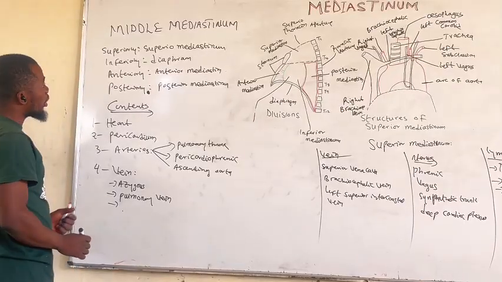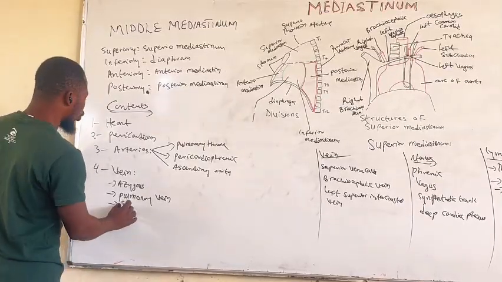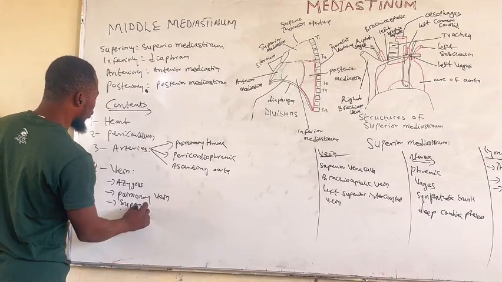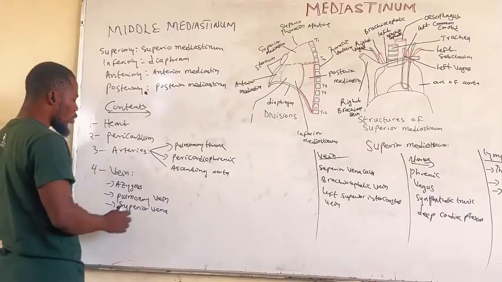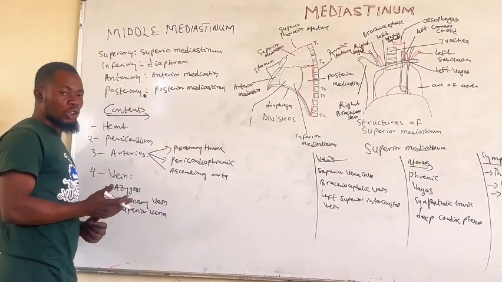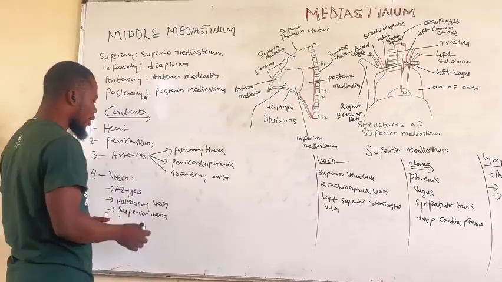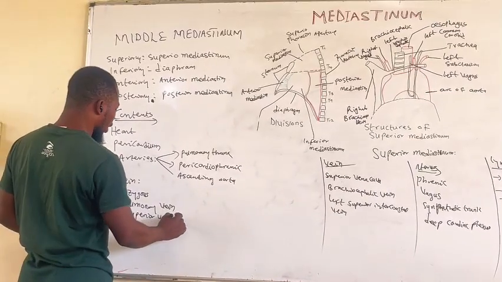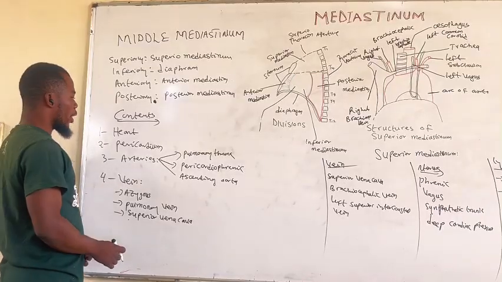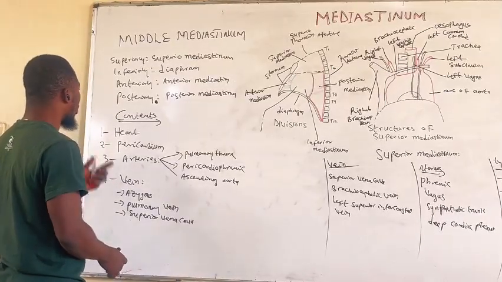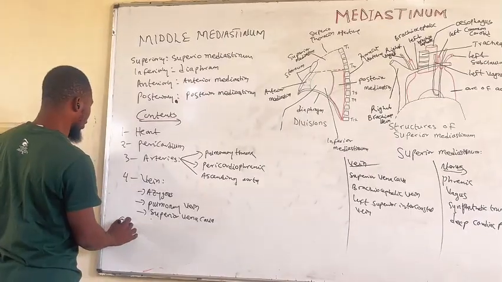And lastly, the vein that you can find in the middle mediastinum is the superior vena cava, but it is the lower portion of the superior vena cava, because the upper portion is found in the superior mediastinum. So these are the veins that you can find in the middle mediastinum. You can also find the lymph.